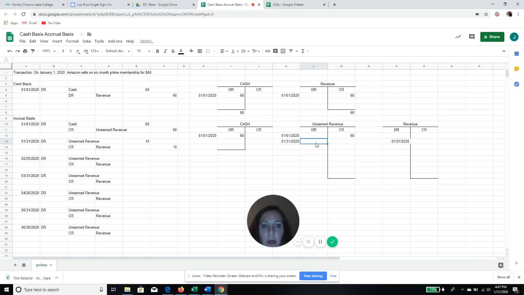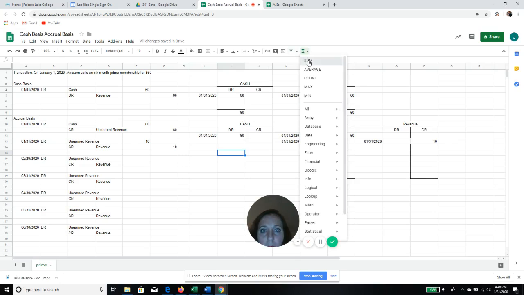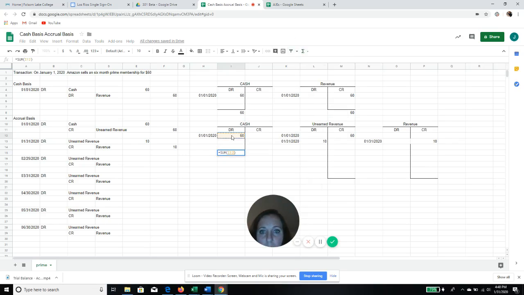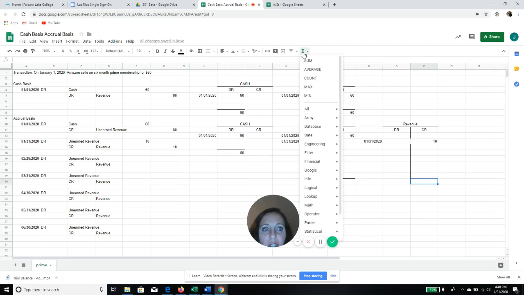I'm going to add these up so you can see how the balances change.